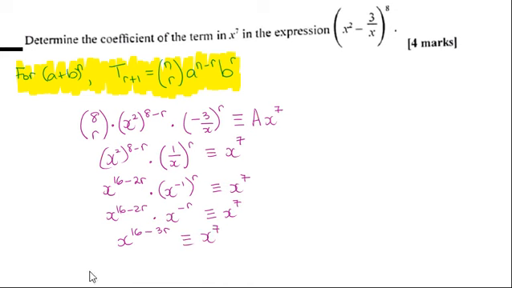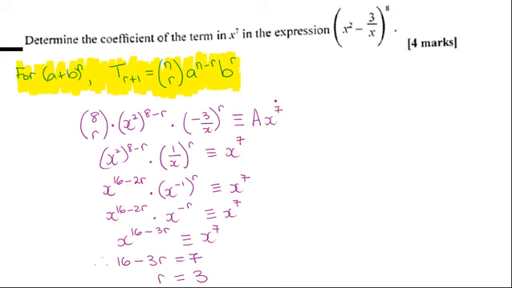Right, so here we have x to a power being equal to x to a power, which means the two powers are the same. So we're going to equate the powers and then solve for r. 16 minus 7, 9, divided by 3. Our r is 3.